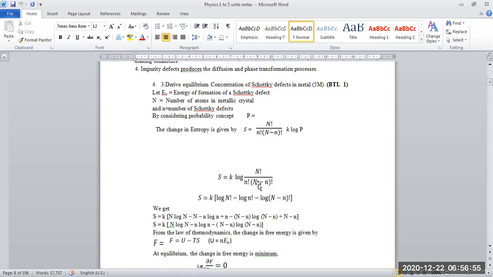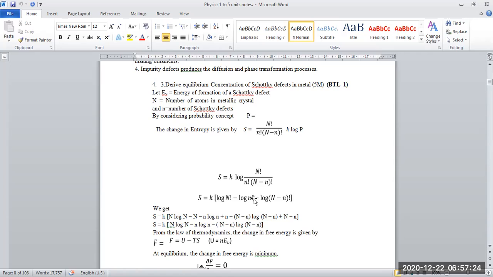So usually we have the formula log a by b as log a minus log b. Here b is a combination of two terms. So in the later step, S is equal to k log a, which is N factorial, minus the whole of these two terms, right?